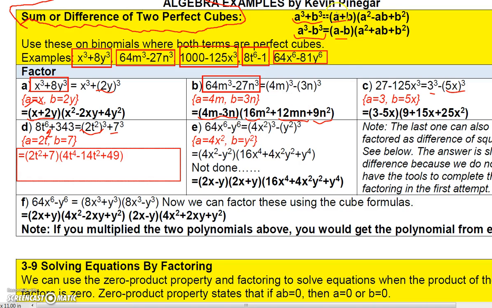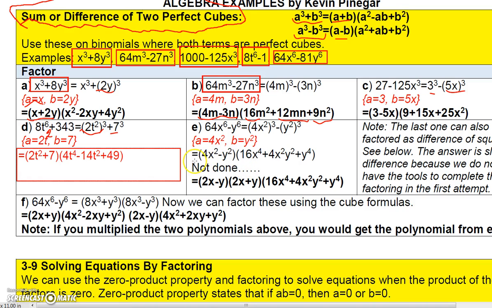And so we would be using the formula for the difference of cubes. So we would say a minus b, so we'd have 4x squared minus y squared, and then times 16x to the 4th, because if you square 4x squared, you get 16x to the 4th, plus the product of these two, so the product would be 4x squared y squared, and then plus y squared squared would be y to the 4th.